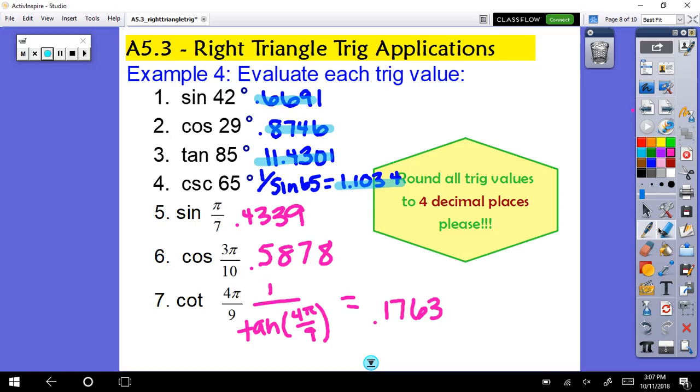Check yourself real quick for these 3, and then we'll move on to our last 2 examples.